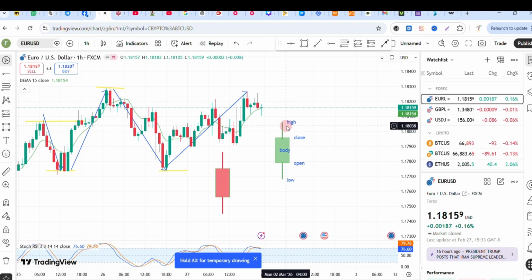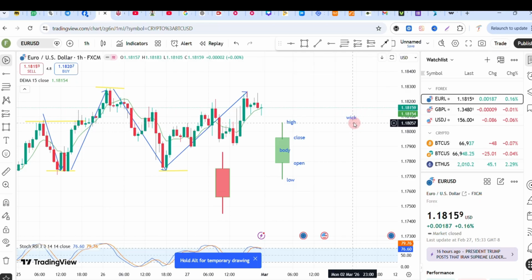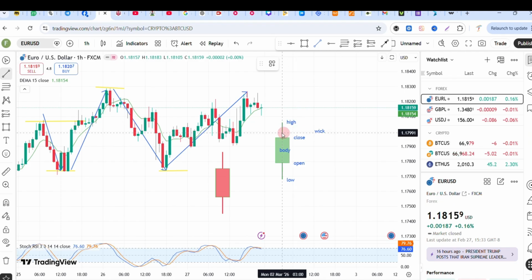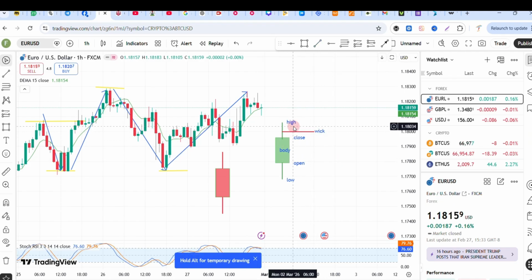This is called the wick. Let me call it wick. So this is the wick.